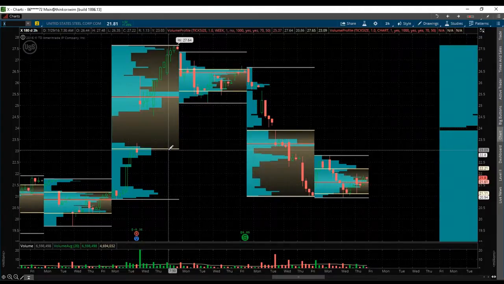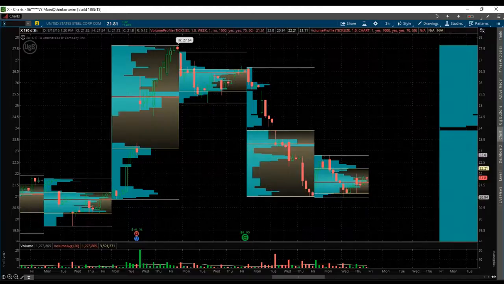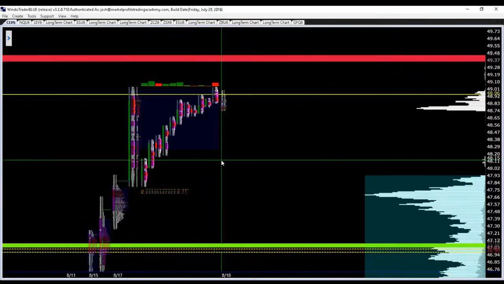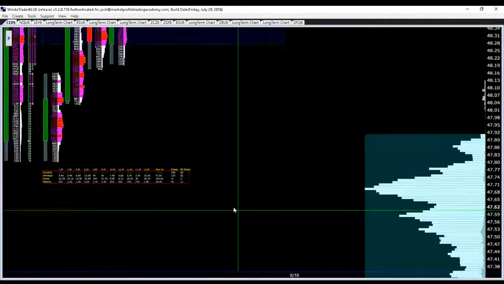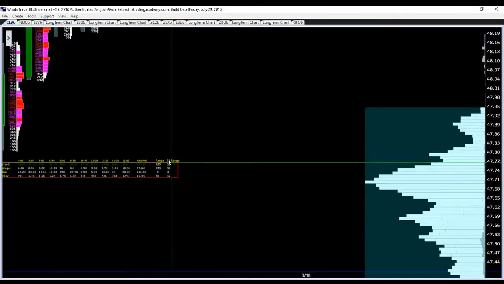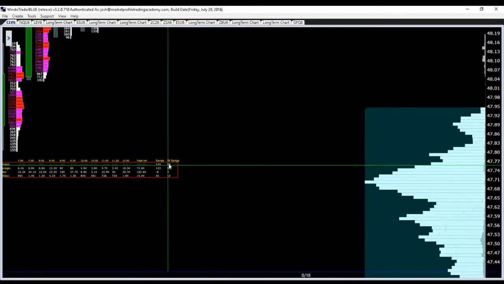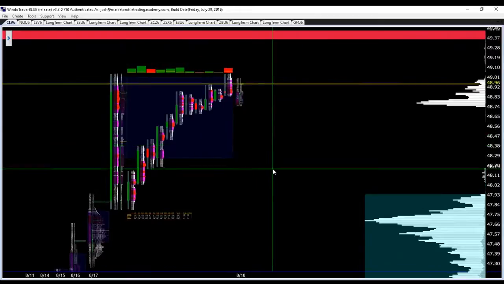If I see a really wide IB, I'll give you a more concrete example. The IB range for crude is 59 ticks. Tomorrow if the IB is 85, 90, 100 ticks, that's a really wide IB, almost double relative to the average.